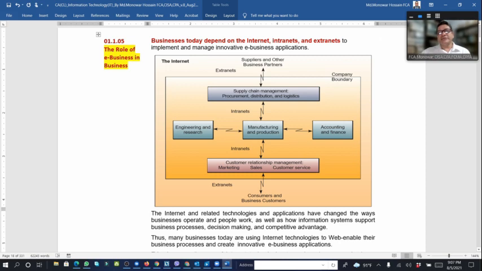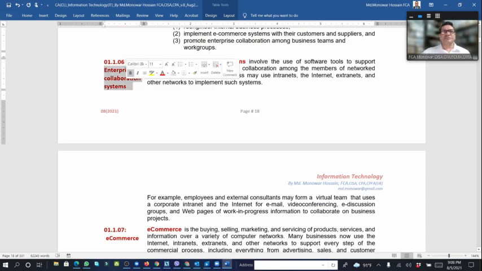Within this is the boundary, so this is called the internal within the organization. Outside the company's boundary there are suppliers, business partners, customers, and business customers, who communicate through the internet. Enterprise collaboration system.